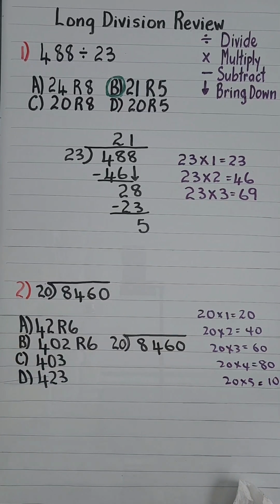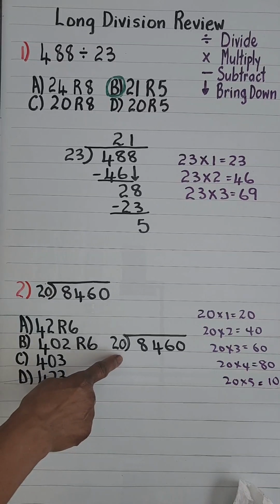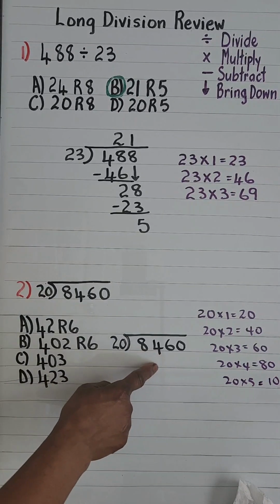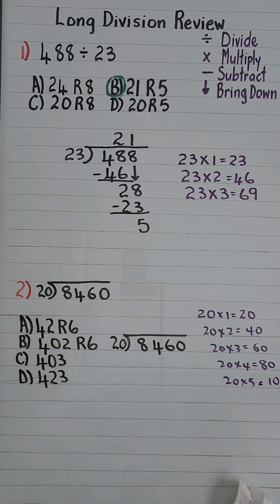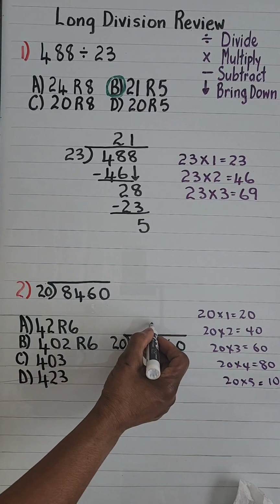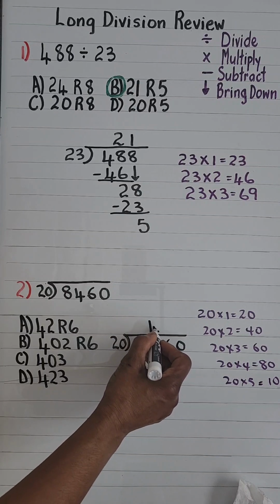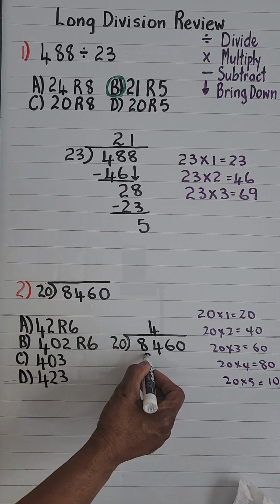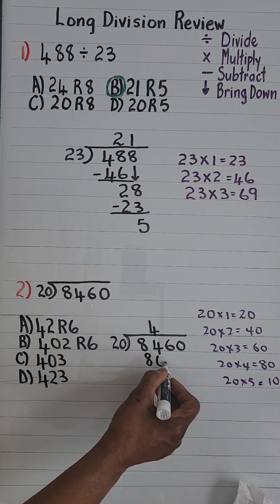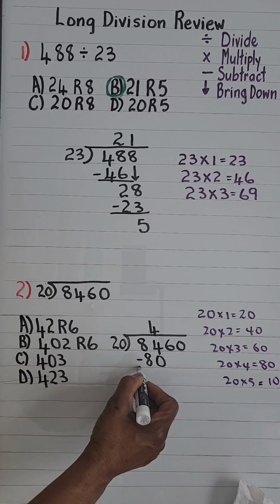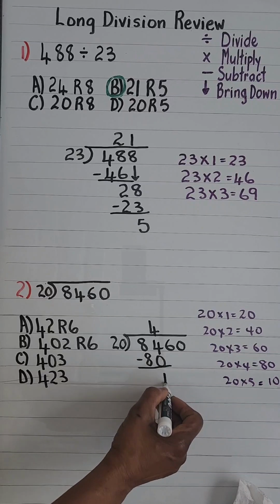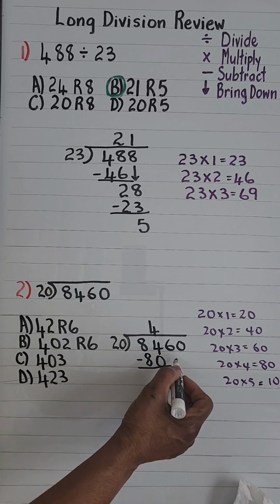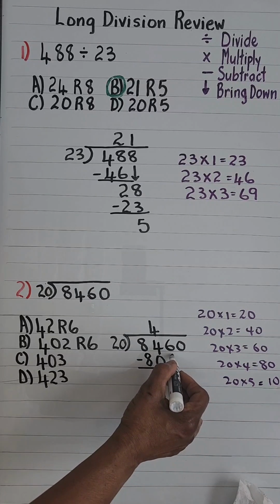And so we are sure, we're going to try 4. Next, we multiply. 4 times 20, 80. And next we subtract. We have 4. And next we bring down.